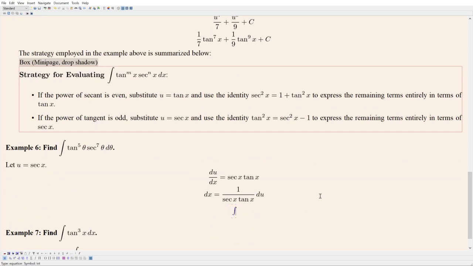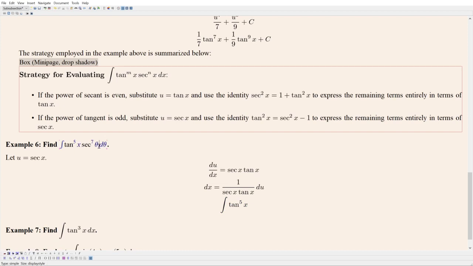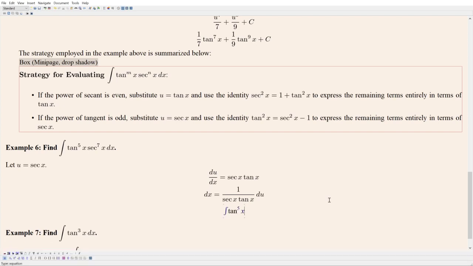the integral becomes, so let's see, tangent to the 5th. Oh, and apparently we're dealing with thetas now. I've already called it x. There. Not like it makes a difference. So tangent to the power 5, secant to the power 7. So secant is now u, so we have u to the 7, and then instead of dx, I'm going to write all of this.